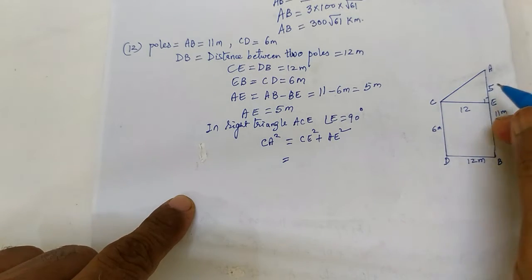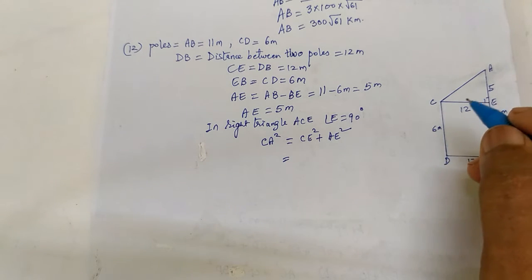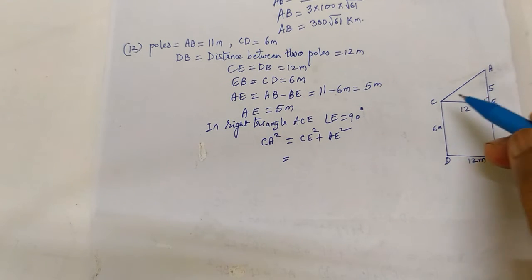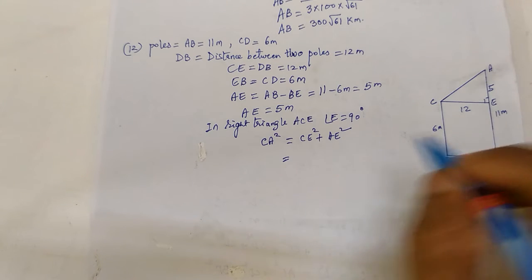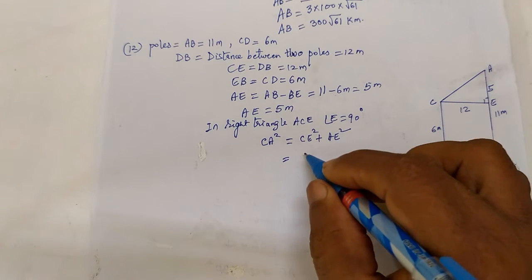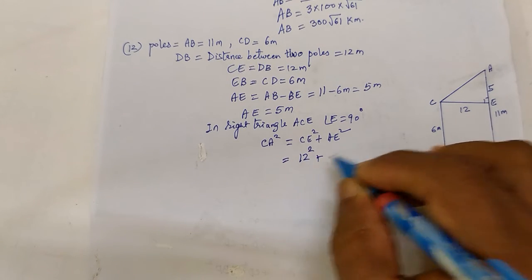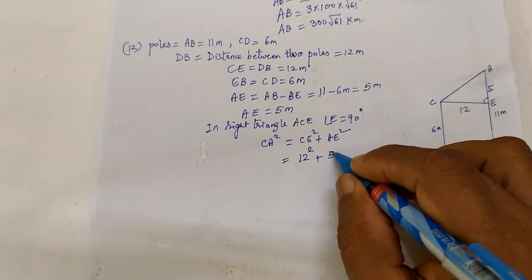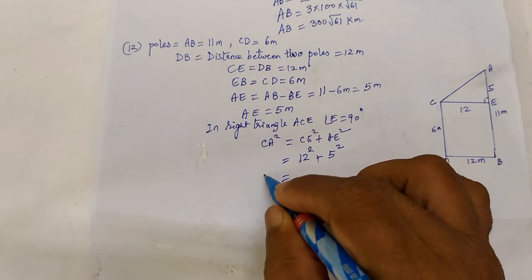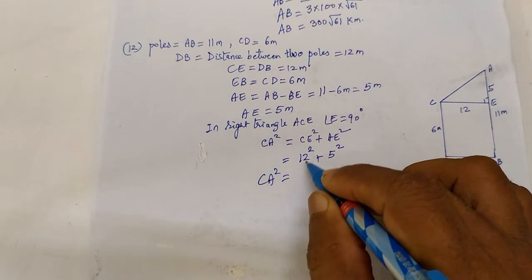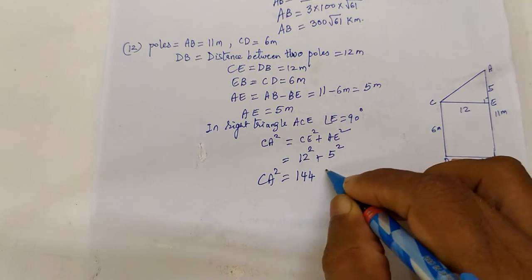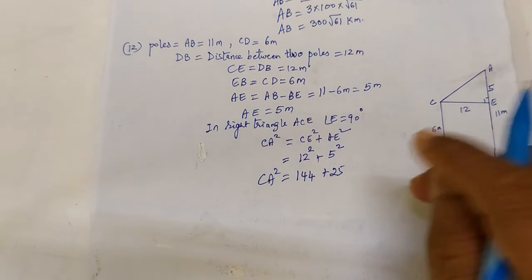We have to calculate the distance between the topmost parts of the two poles. So CE is 12 square plus AE is 5 square. 12 square is 144 plus 5 square is 25.